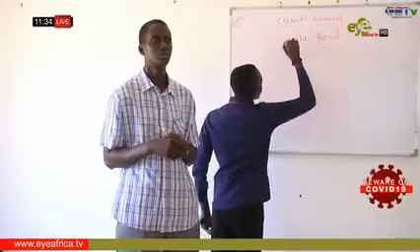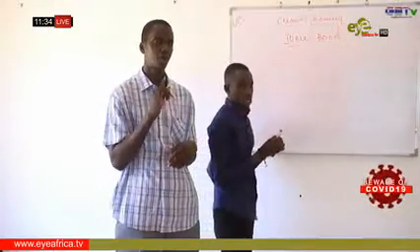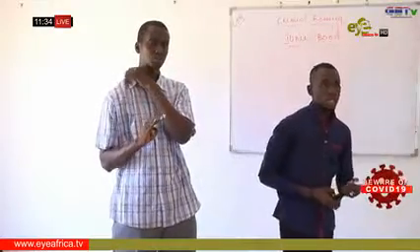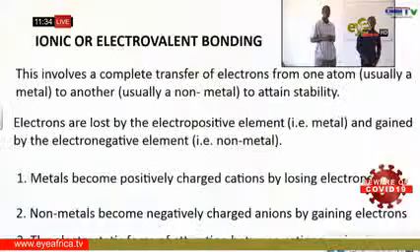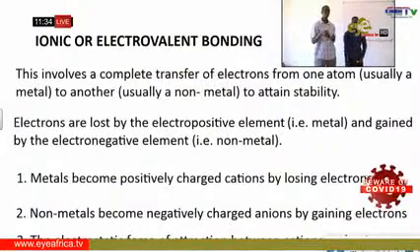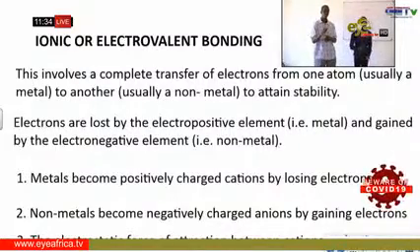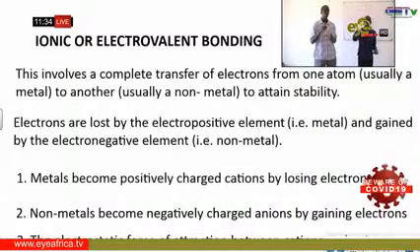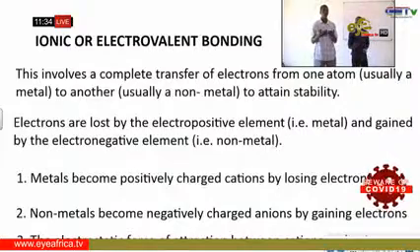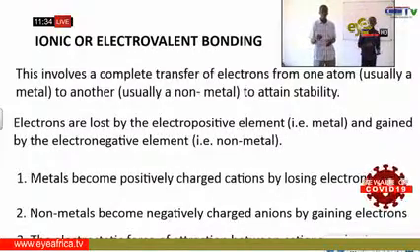Now, we have the ionic bond. This ionic bond involves a complete transfer of electrons from one atom, usually a metal, because now we know that metals will lose, metals will transfer their electrons to another atom, usually a non-metal.